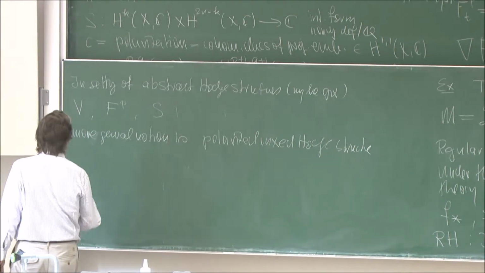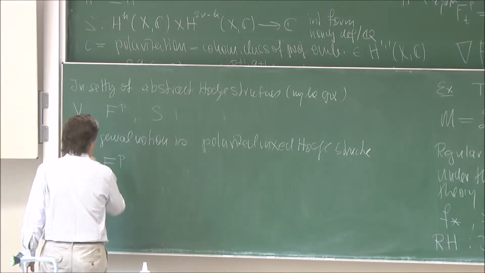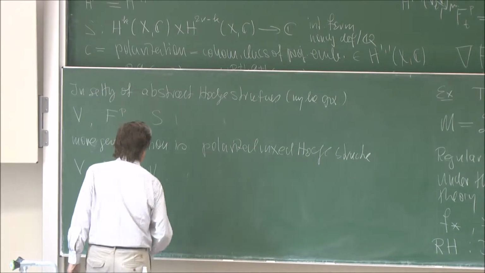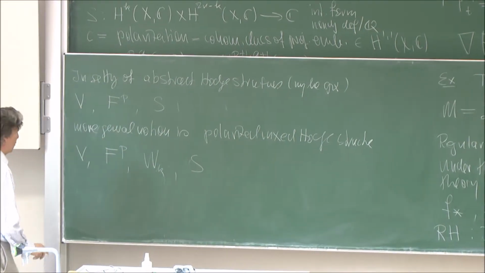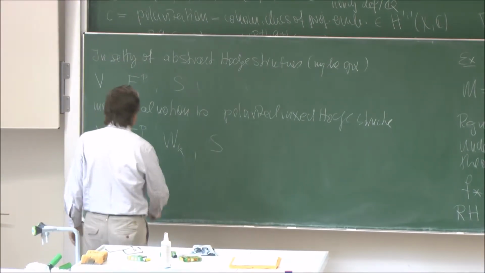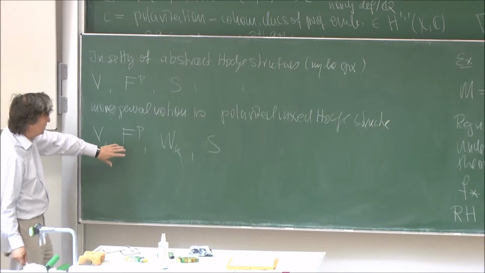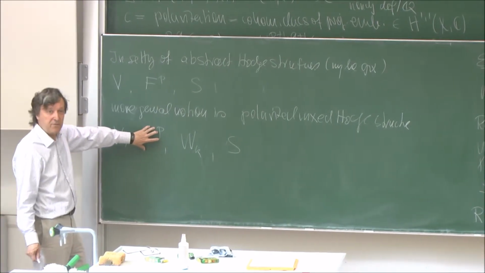Namely, two filtrations now, one has F^p and W_k, and still in V. So first of all, as a general notational convention, if the index for the filtration is at the top, that means decreasing.